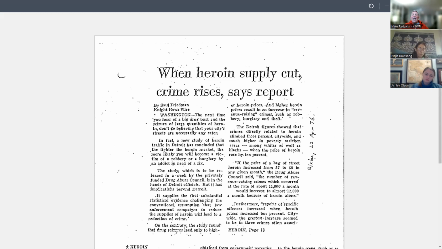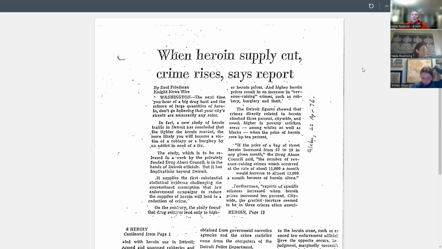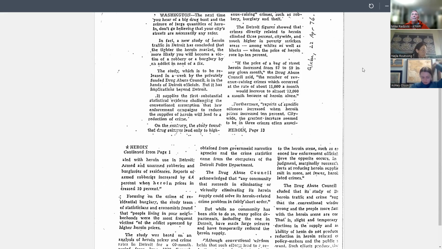If the price of a bag of street heroin increased from $7 to $9 any given month, the Drug Abuse Council said, the number of revenue-raising crimes, which occurred at the rate of about 11,000 a month, would increase to almost 12,000 a month because of heroin alone. Furthermore, reports of specific offenses increased when heroin prices increased 10%.